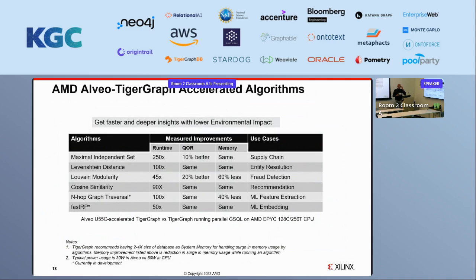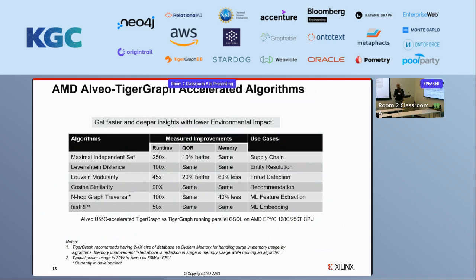So I wanted to show some really heavyweight algorithms that we have built acceleration for in TigerGraph, and these are drop-in replacements. So you can go to, let's say, F1, install TigerGraph, and install our plugin by just running install.sh, and then you can start seeing the acceleration, right? So you can see we get 50x or more acceleration in all of these very compute-intensive graph algorithms.